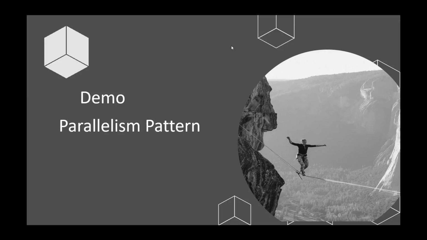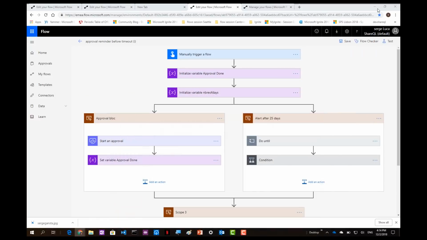Now let's take a look at the parallelism pattern, which is an important one. Let's take a look at this. So if you want to work with approval, sometimes you want to implement a reminder. So if this is one of my flows, I have a scope here where I ask someone to approve.